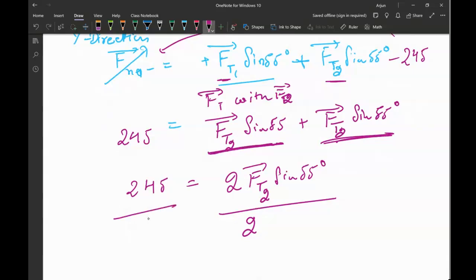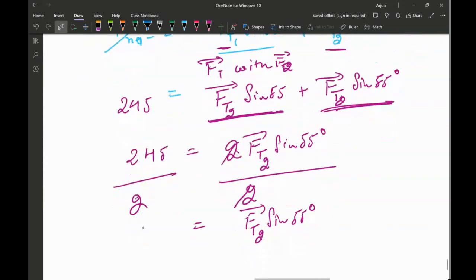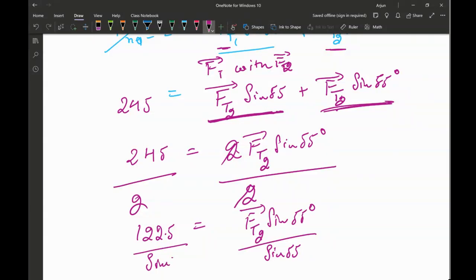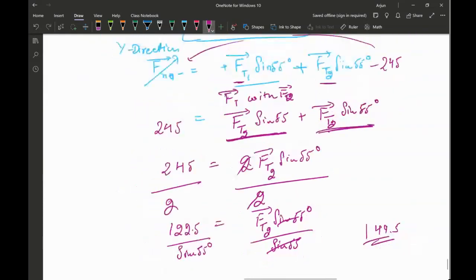Now dividing both sides by 2, ft2 sine 55 degrees equals half of 245, which is 122.5. Now dividing both sides by sine 55, I will leave the answer for you to figure out. I think it should come out to be approximately 149.5 or 150 approximately. You can finish this question.